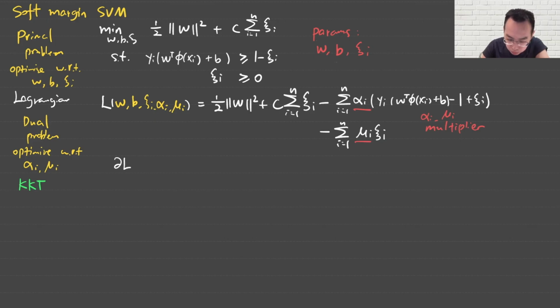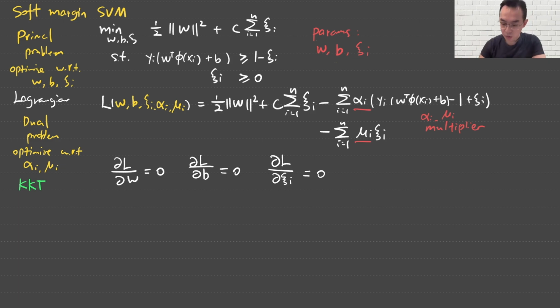We need to set this derivative with respect to W equal to 0, with respect to b equal to 0, and also with respect to psi i equal to 0. This is called stationarity, which is part of the KKT conditions.